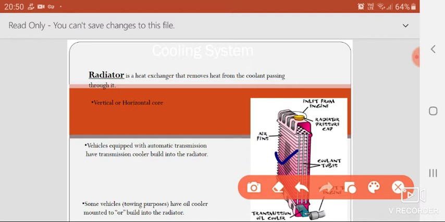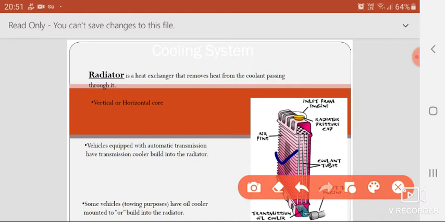Now, from the upper hose, the coolant comes within the radiator, and from the lower hose it goes out. The coolant at the upper hose comes from the engine to the radiator. That means the coolant coming from the engine is hot. It has become hot after taking heat from the engine, and then coming to the radiator, it dissipates it, and then goes out after dissipating heat.